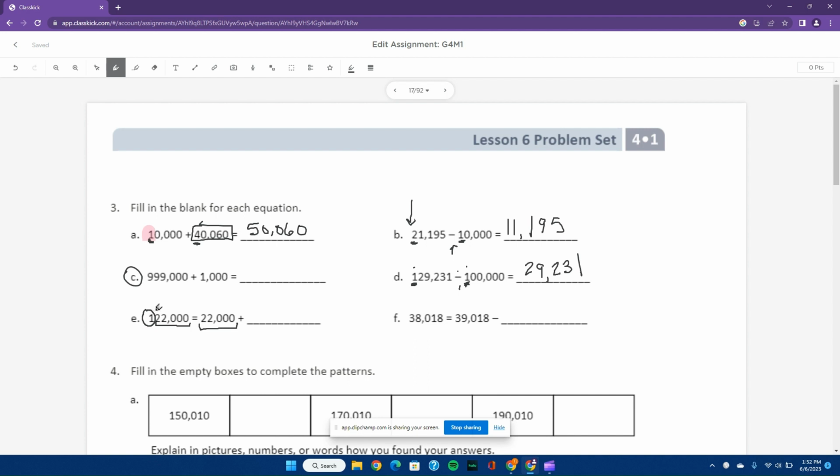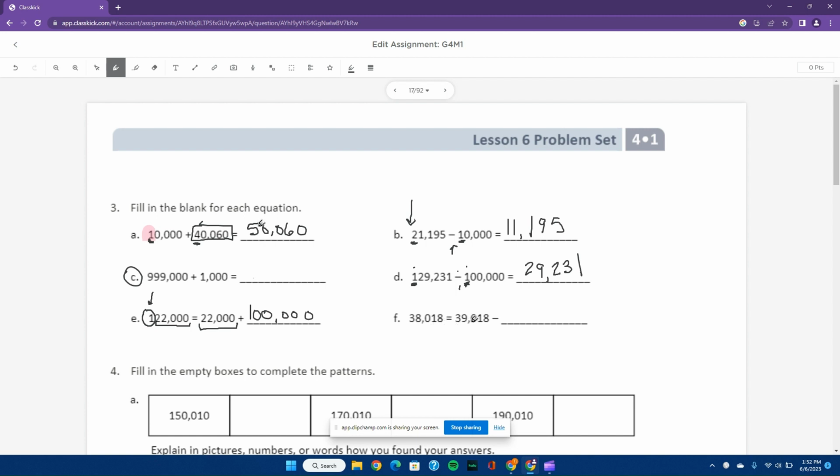So in order for 122,000 to be equal to 22,000 plus something, I need to make sure that I'm inserting a 1 here in my 100,000s place. Again, all the rest of the digits are staying the same. So I need to add 100,000 to 22,000 to make 122,000.